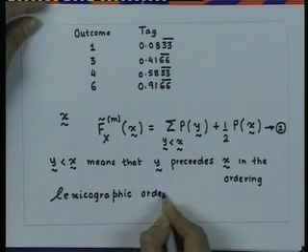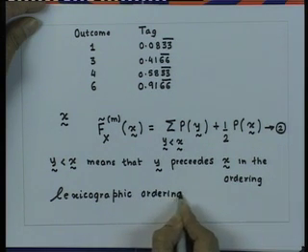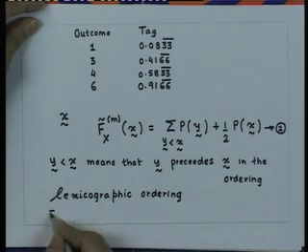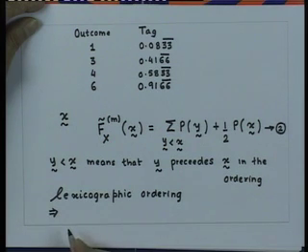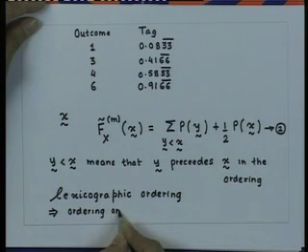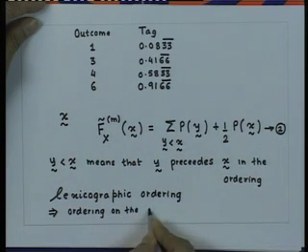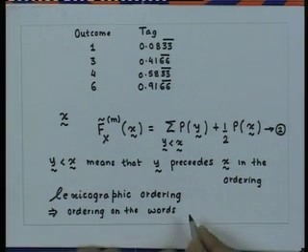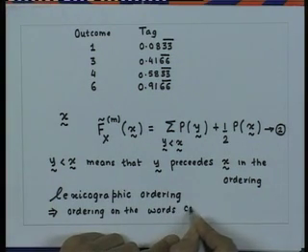In lexicographic ordering, the ordering of letters in an alphabet induces an ordering on the words constructed from this alphabet.